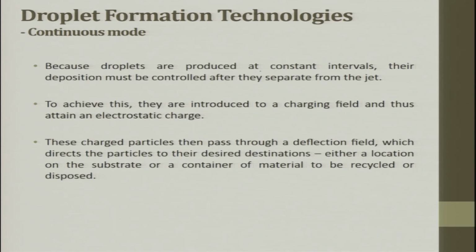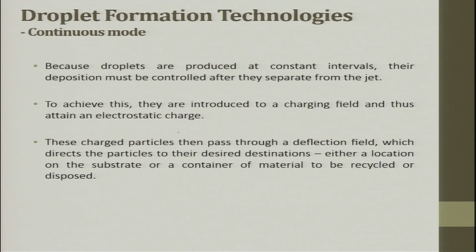Because the droplets are produced at constant intervals, their deposition must be controlled after they separate from the jet. To achieve this, they are introduced to a charging field. Okay. At the exit, there is a charging field and thus they attain an electrostatic charge.